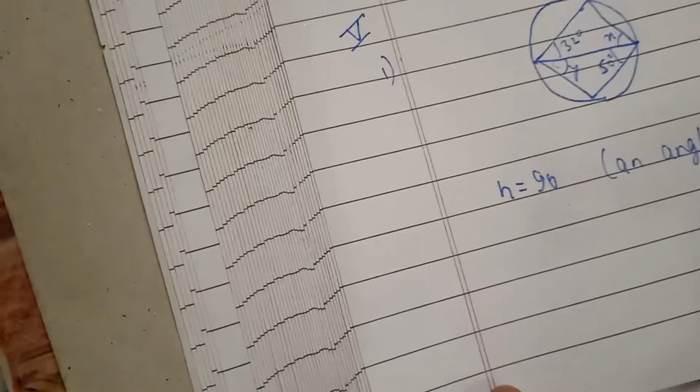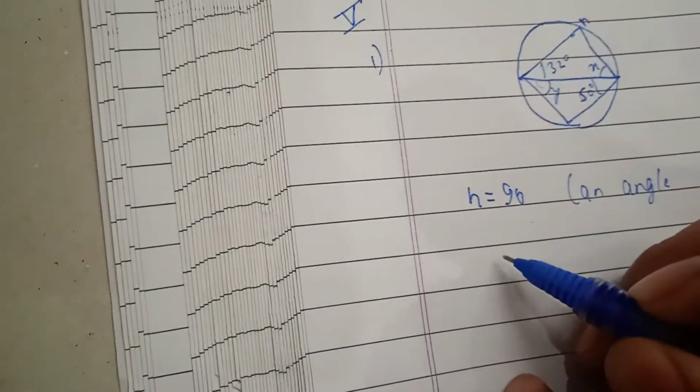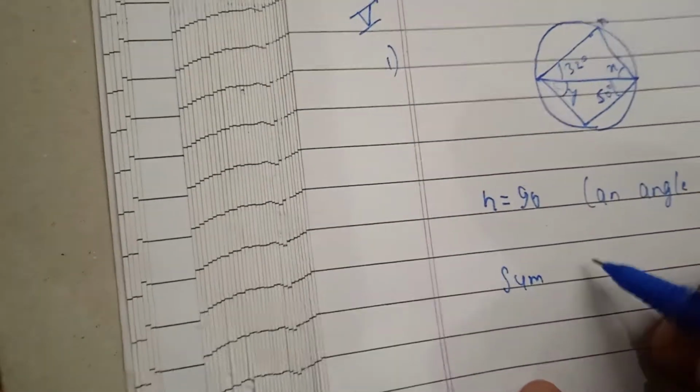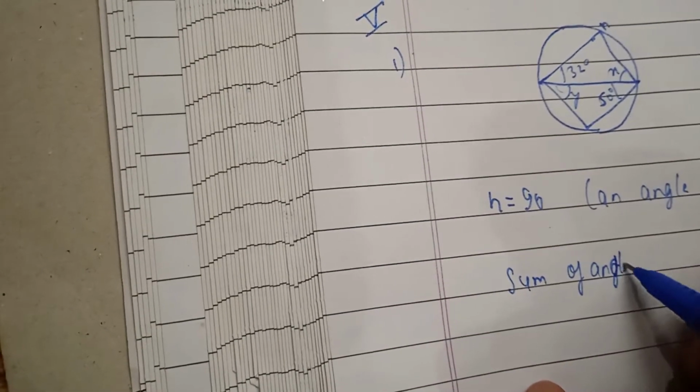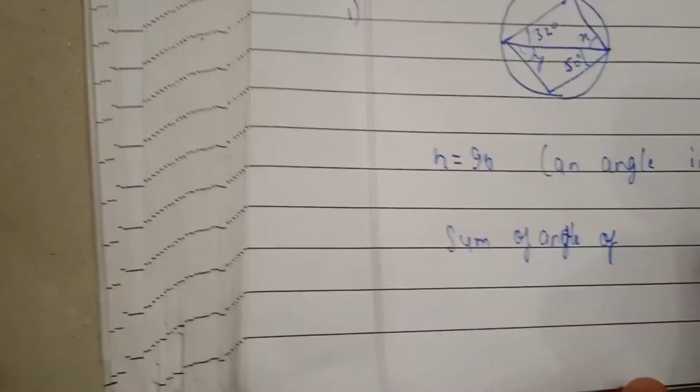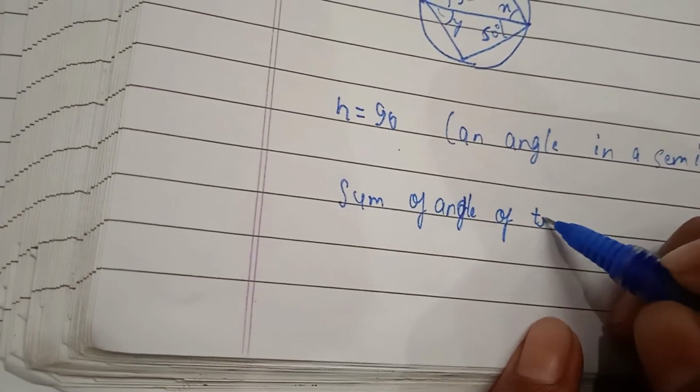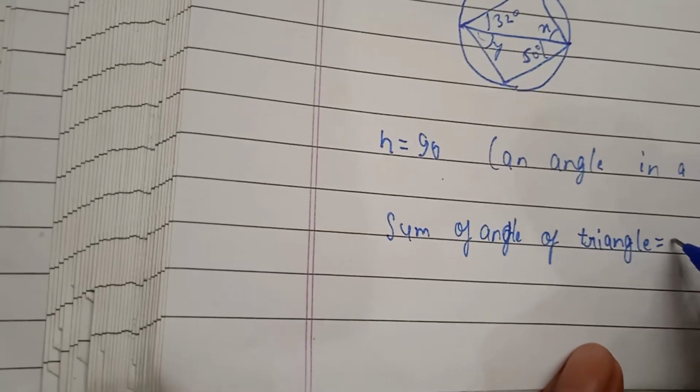So as we know, sum of angles of a triangle is equal to 180.